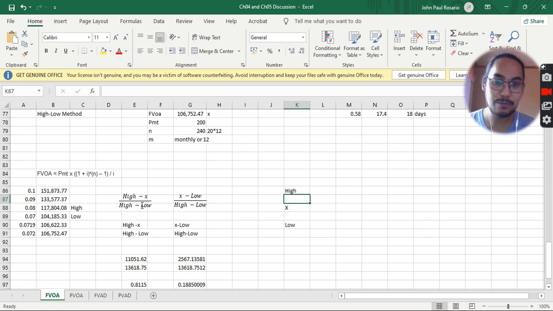So what they do is this one, for example, high minus x and high minus low, or x minus low, then high minus low. So always remember, guys, that in the denominator, present yun dito si high minus low. What differs is the numerator, whatever approach that you would like. So that's either high minus x or x minus low.